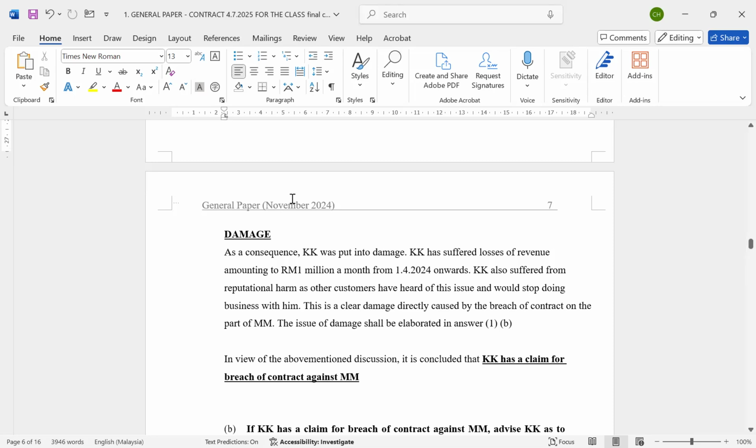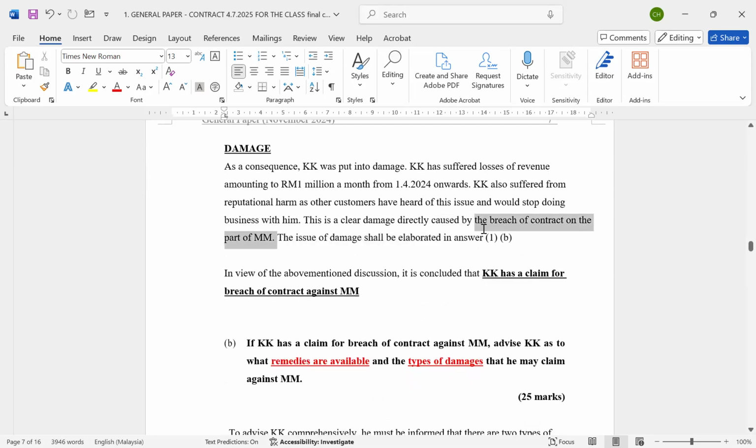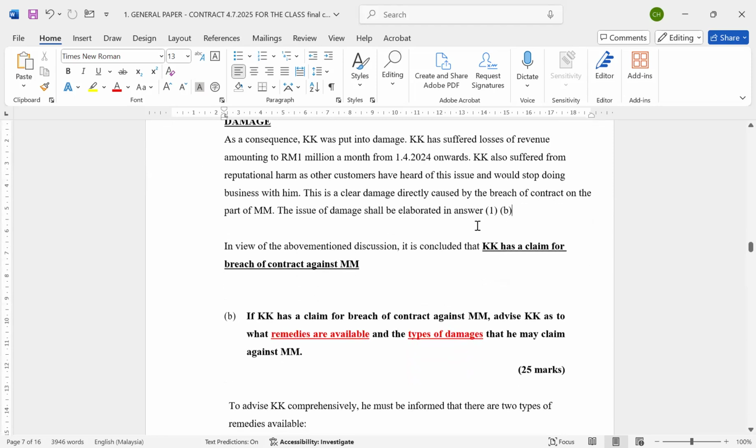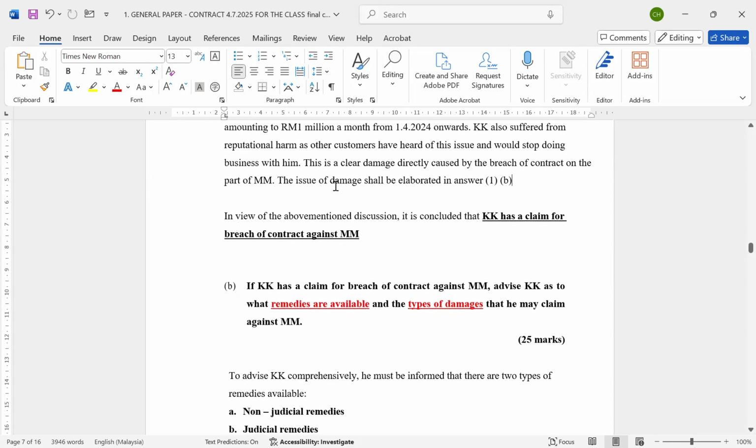So there is damage suffered, and the issue of damage will be elaborated in answer 1B. So this is the way that you explain things. Don't spend too much time talking about the test, the legal principle, etc. So in view of the above-mentioned discussion, it is concluded that KK has a claim for breach of contract against MM.